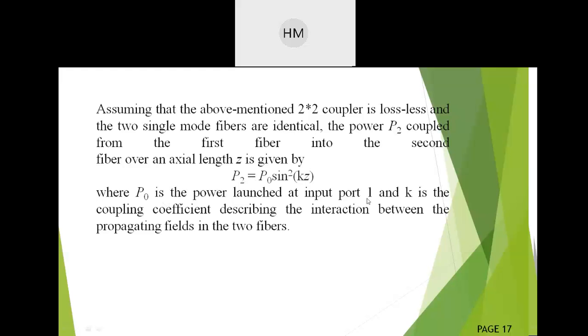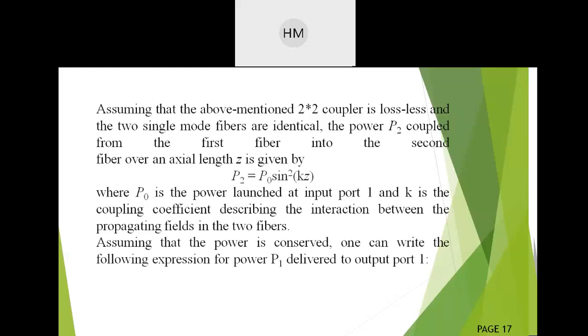P0 is the power launched at input port 1 and K is the coupling coefficient describing the interaction between the propagating fields in the two fibers.